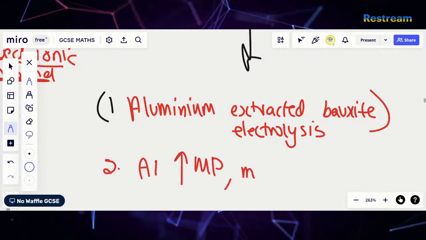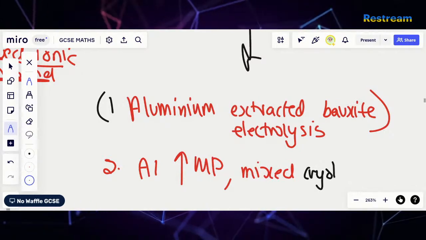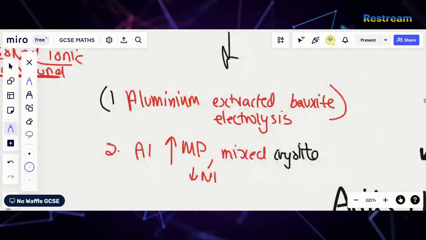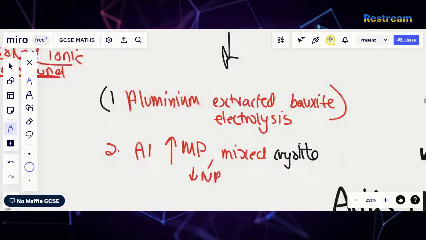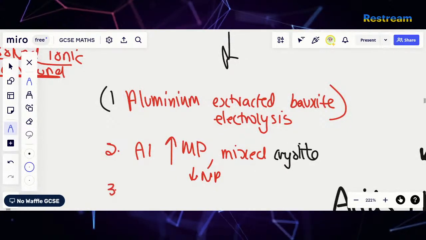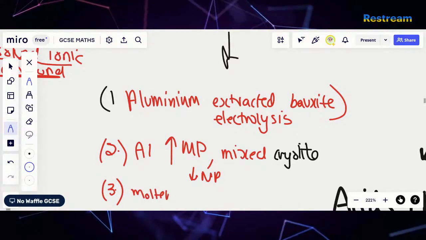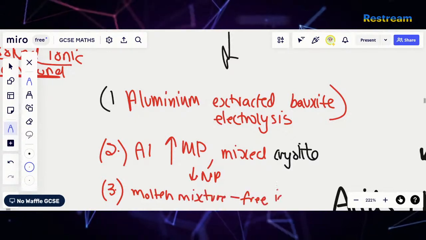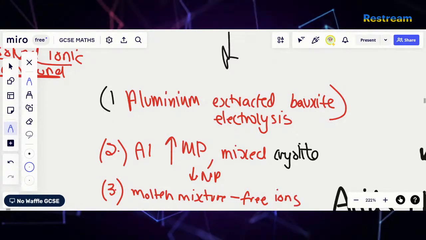So what happens is it's mixed with a substance which we call cryolite, which lowers the melting point. And after lowering the melting point, the molten mixture now contains free ions. These free ions are able to move around, and therefore electricity will be conducted.